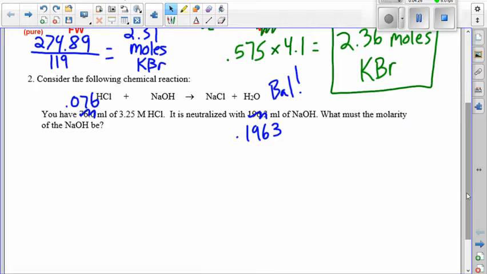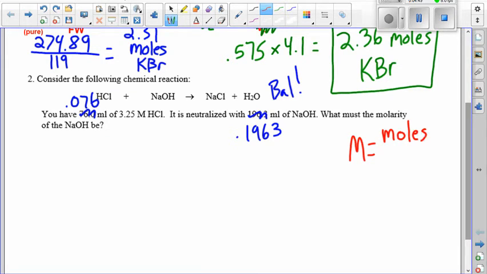Okay, so this problem says we have a certain amount of HCl, and we know its molarity. And we're told it's neutralized with 0.1963 liters of the NaOH. What must the molarity of the NaOH be? Well, molarity, if you recall from the last problem, is equal to the moles divided by the volume of any given solution.